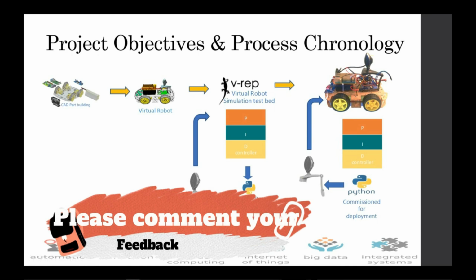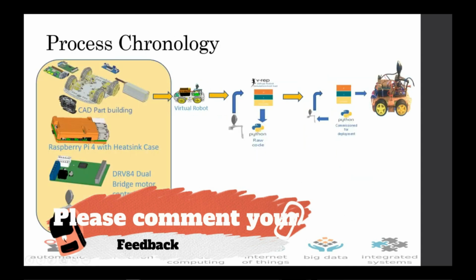Process chronology: I would like to discuss a little more about the process I have already described. These are the processes of building the CAD parts and the components used for this project. The robotic buggy has 4 wheels, 4 DC 6-volt motors, a Raspberry Pi 4 computer, and the motor controller. As you can see, here are the motor controller, buck converter, 12-volt battery, and the webcam.